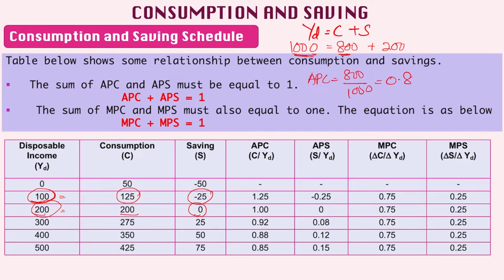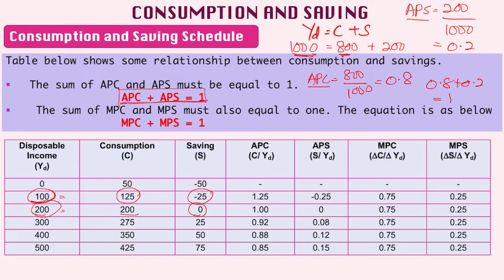And APS, the part of your disposable income used for saving, equals 200 divided by 1,000, so you will get 0.2. So here, APC plus APS equals 1: 0.8 plus 0.2 equals 1. That's why you have to know APC plus APS equals 1.